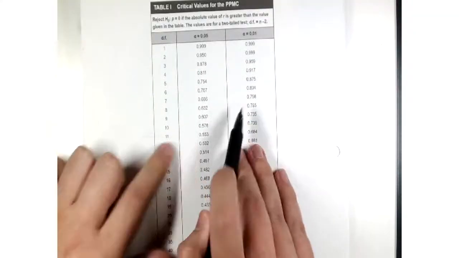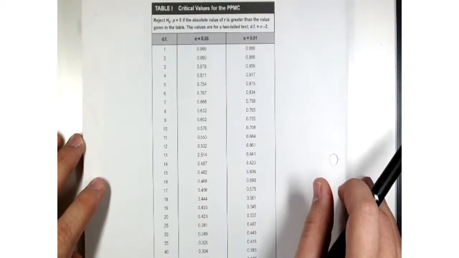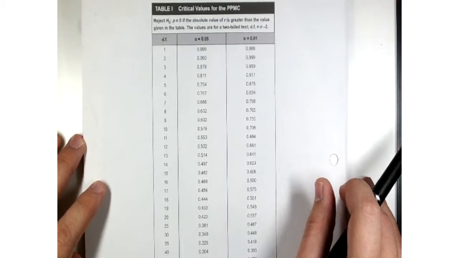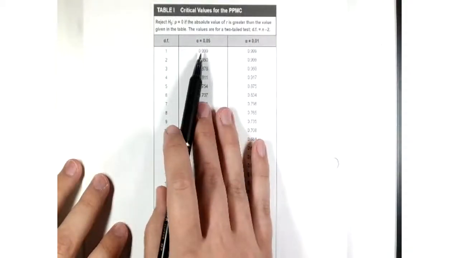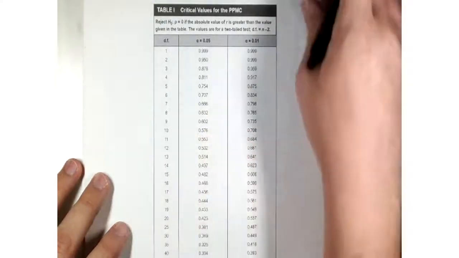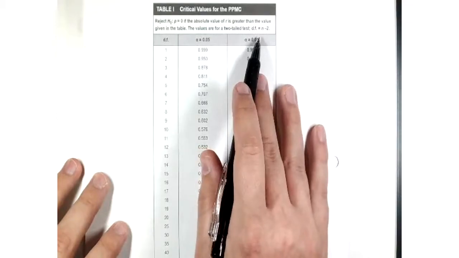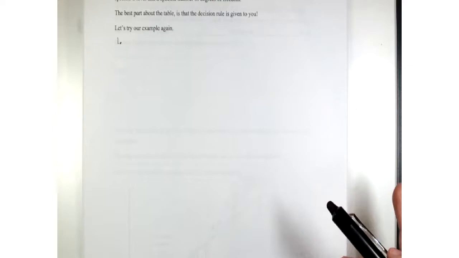This right here is going to be the highest value of, I guess this is r in this case, that would indicate not a significant linear relationship between the two. So it's going to depend on the alpha value and the corresponding degrees of freedom. Again, it says up here, note the degrees of freedom is equal to n minus 2, and we're doing a two-tailed test. So the table shows the values of the correlation coefficient that are significant for a specific alpha level, given a specific number of degrees of freedom.